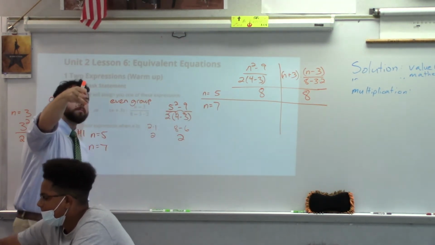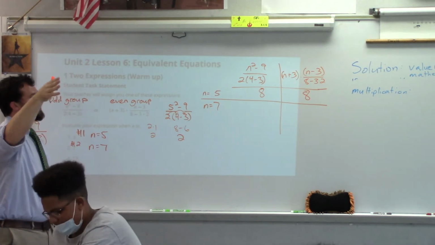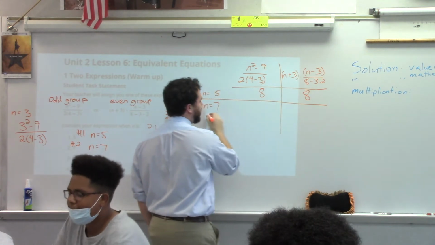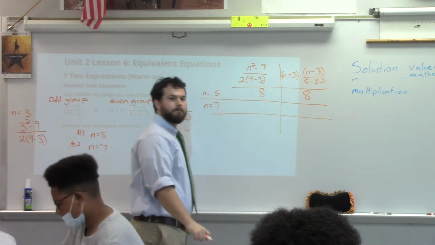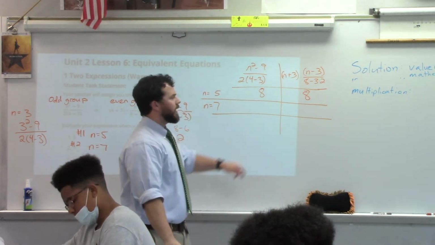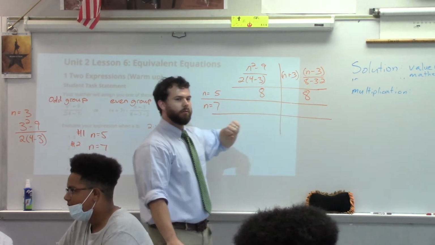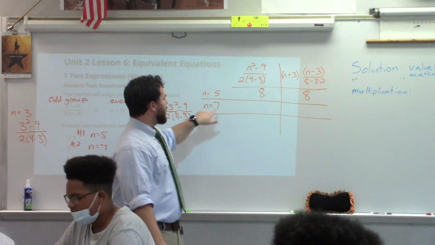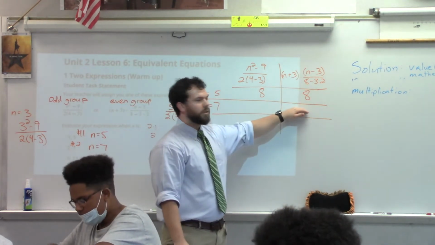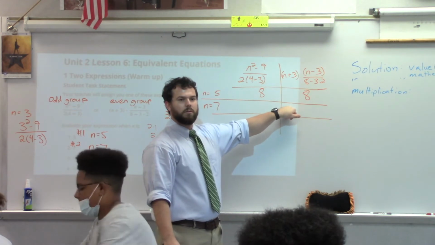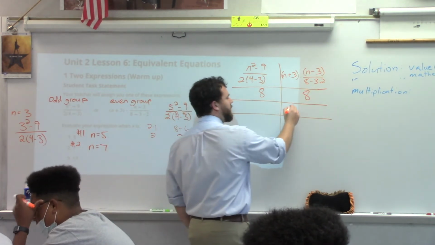Group 4, what value did you get when n equals 7 for the second expression here? You got negative 1 here? I got negative 1. Did anybody get anything different?